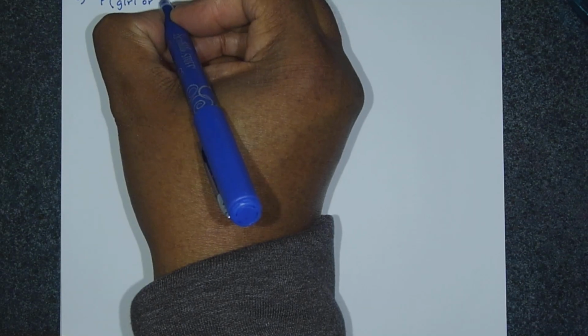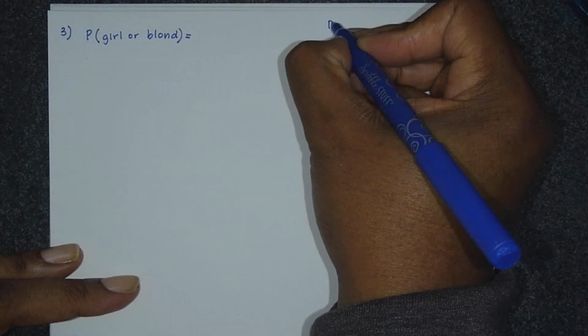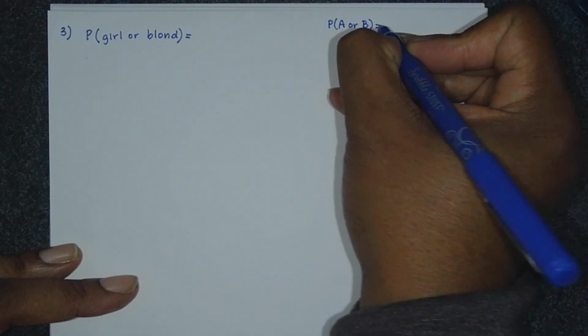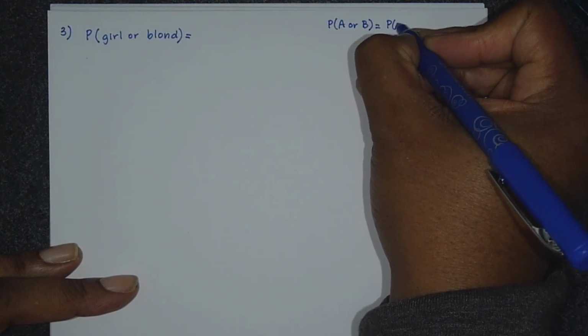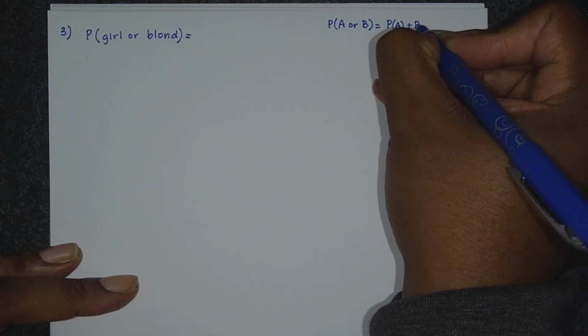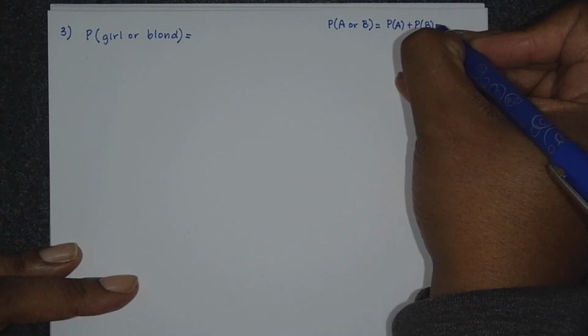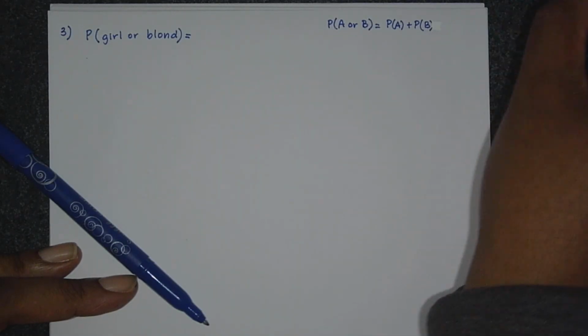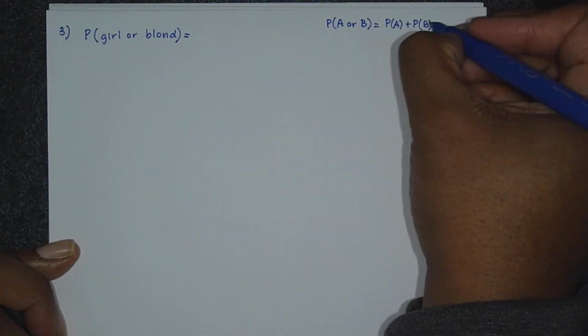That's one of those addition rules in probability that we talked about. So if I want to find the probability of a girl or a blonde, so the probability of A or B would be this. The probability of event A plus the probability of event B, and then we have to subtract off the overlap with OR.